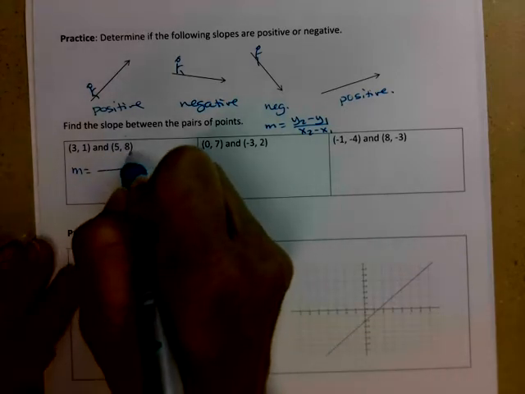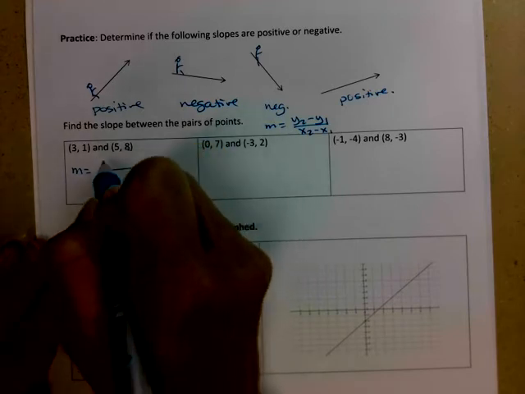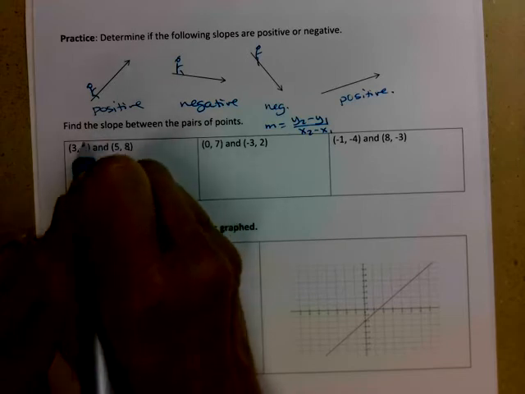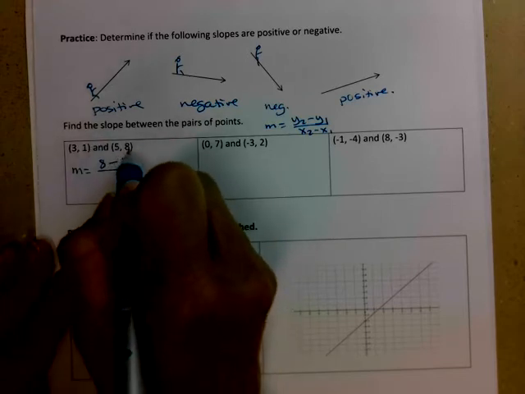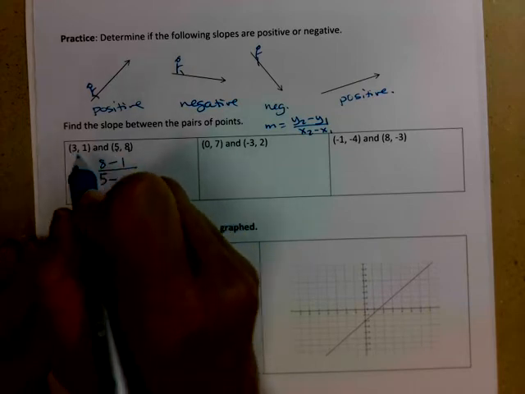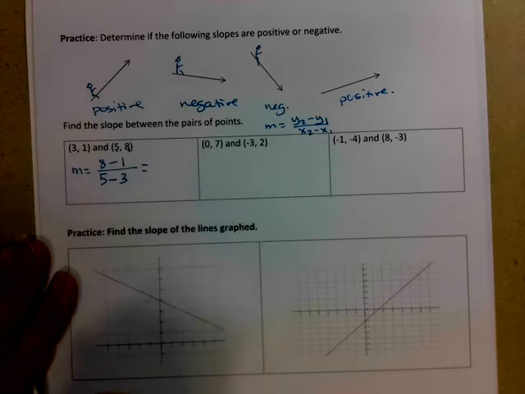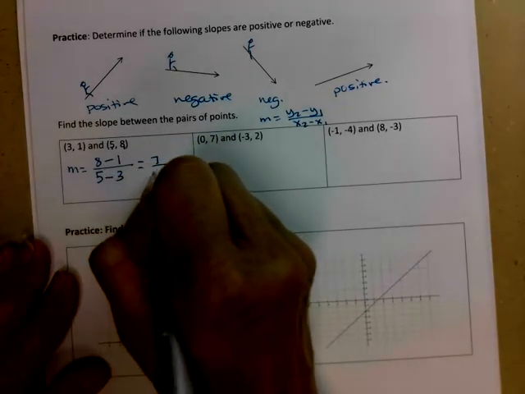The positives and negatives will work themselves out in the math here. So y sub 2 is 8, minus y sub 1 is 1, and then x is on the bottom. Since I started with 8, I have to start with a 5. So 5 minus 3. So 8 minus 1 is 7. 5 minus 3 is 2.